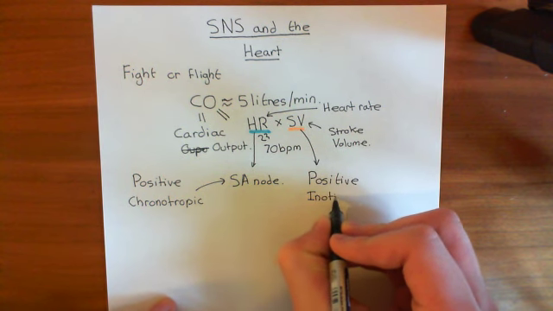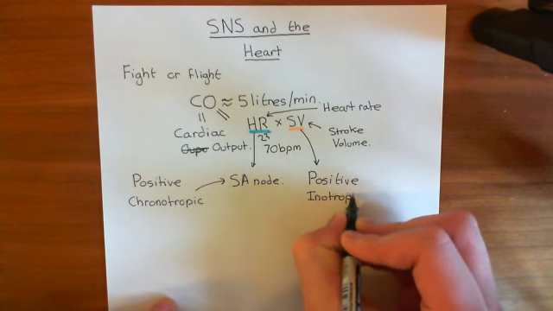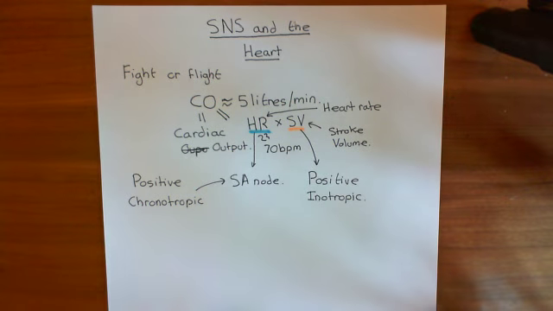Inotropy refers to how hard the heart beats, the force with which each cardiomyocyte contracts. So if you have a positive inotropic effect, it means that you make the cardiomyocytes contract with a greater force, so that they're going to now eject more blood from the chamber into whichever blood vessel it's ejecting the blood into.